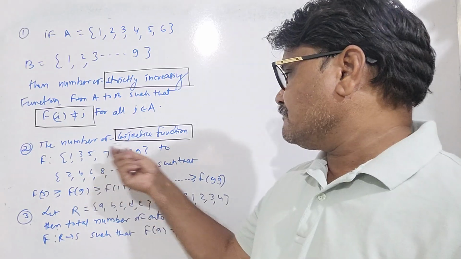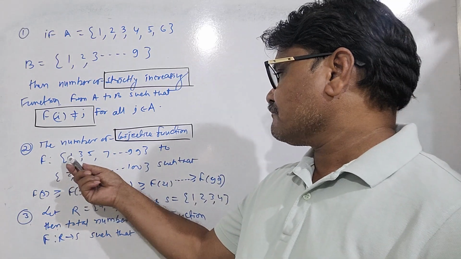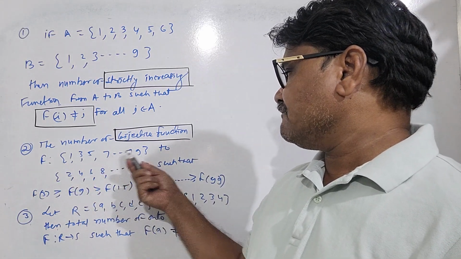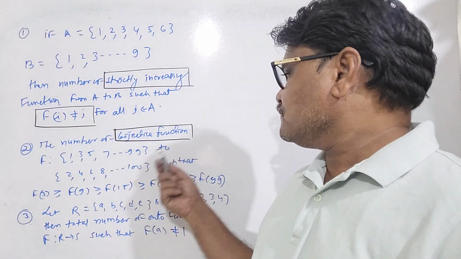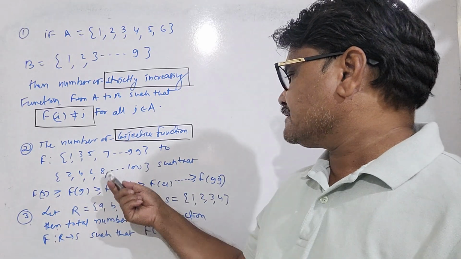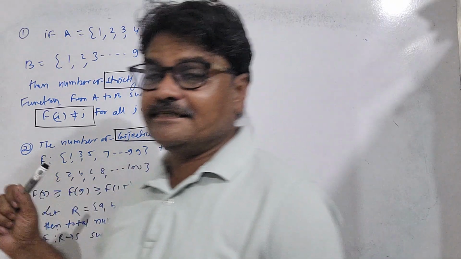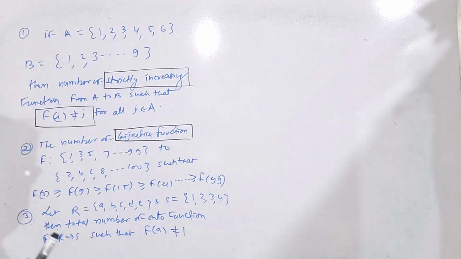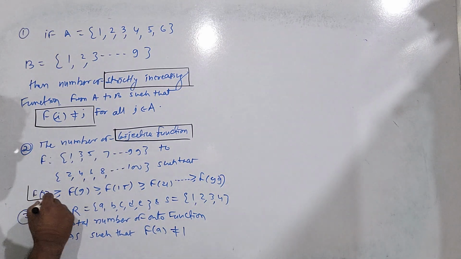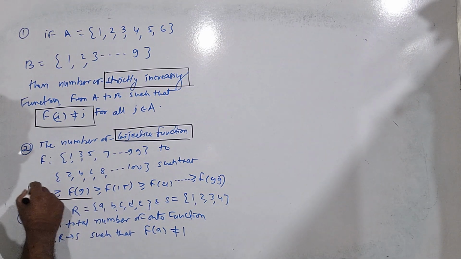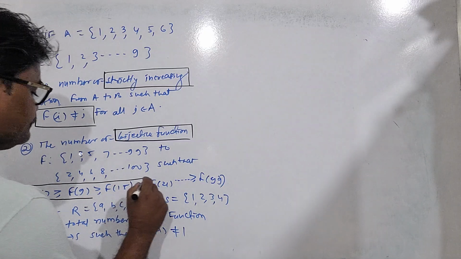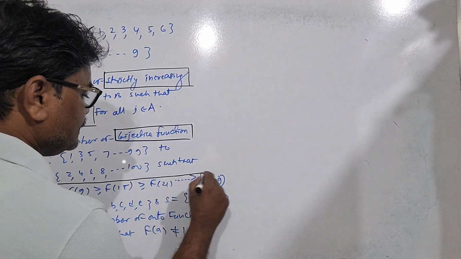They are asking for the number of bijective functions from the set containing 1, 3, 5, 7, up to 99 to the set containing 2, 4, 6, 8, up to 100, such that f(3) is greater than or equal to f(9) is greater than or equal to f(15), and it goes on like that.